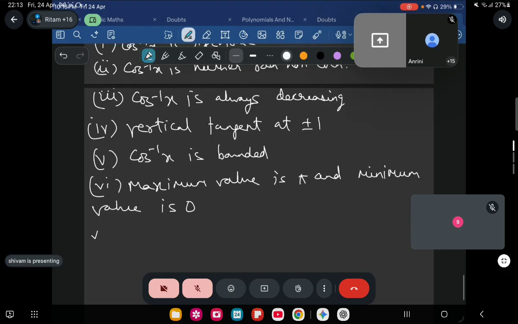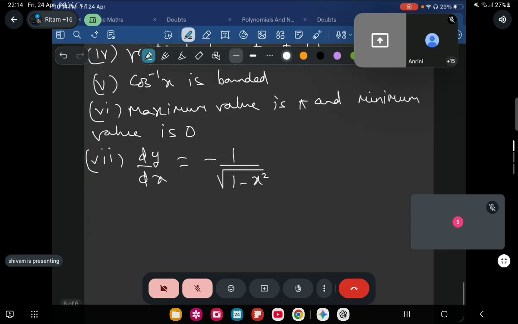Next. What is dy by dx? Dy by dx will be equal to minus 1 by root over 1 minus x square. Remember, for sine inverse x, it was positive. But for cos inverse x, it will be negative. Why? Because cos inverse x is a decreasing function. Number 8.